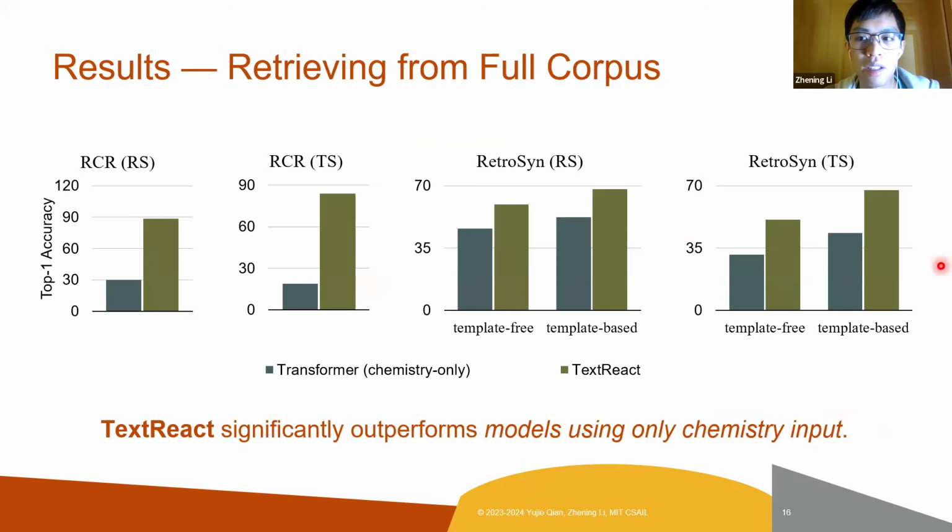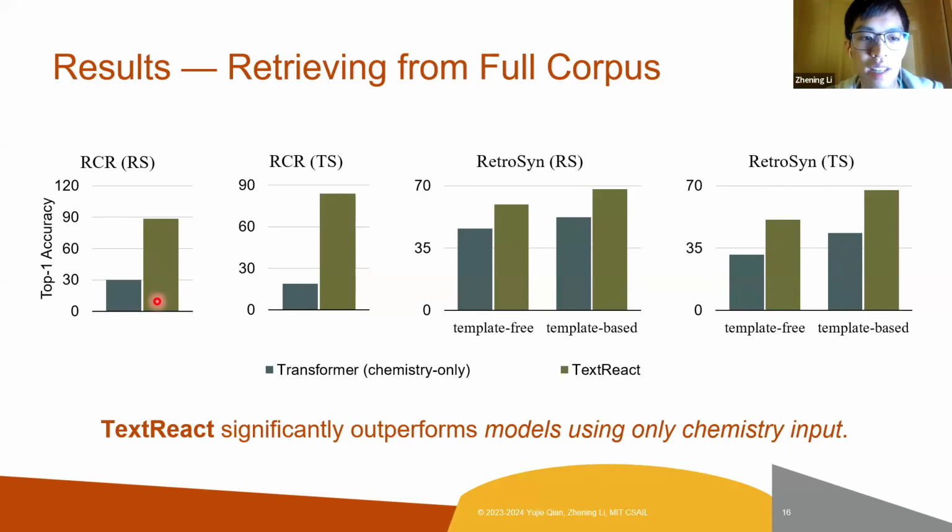Okay, so this slide summarizes our results. We compared TextReact with Transformer, here representing a chemistry-only model. When I say chemistry-only, I mean that there has not been text retrieval, and the model can only base its prediction off of the chemistry input. So Transformer is basically the minimally different model from our TextReact that does not use text retrieval.